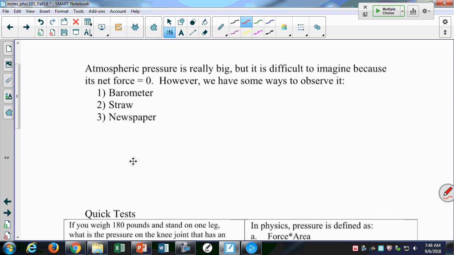So atmospheric pressure is really big. In fact, one atmosphere, which is a measure of pressure, is equal to 100,000 pascals.